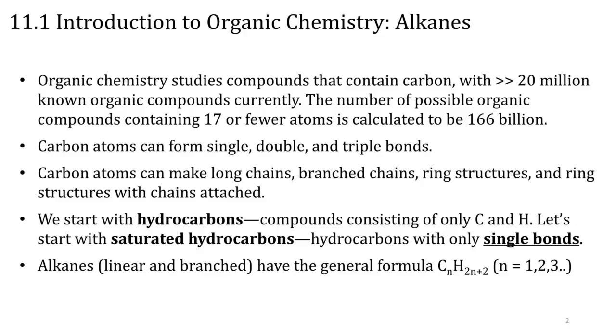In lecture, if you want to go into detail, we can explain why they're called saturated, but it'll become more apparent when we get to Chapter 12 what saturated means. Alkanes, the ones that are linear and branched, have a general chemical formula, CnH2n+2, where n is an integer, 1, 2, 3, and so forth. From this, you can calculate the linear or branched alkane molar mass, and a variety of other things.